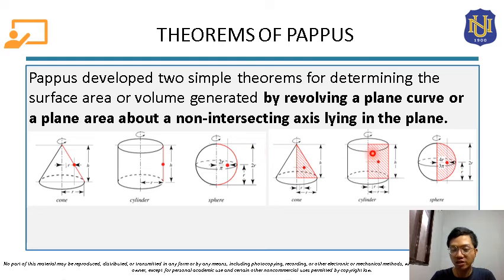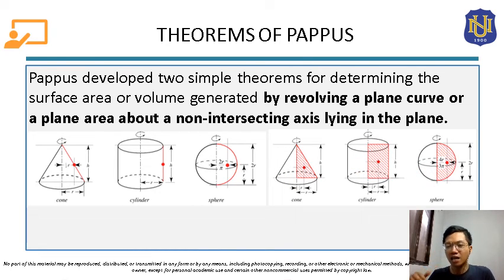For this rectangle, if we revolve this about the y-axis, it will produce a cylinder. For this semicircle, if we revolve this about the y-axis, it will produce a sphere. So this will generate the volume of the cone, volume of the cylinder, volume of the sphere.